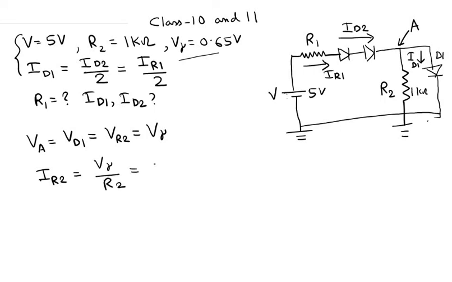V gamma is 0.65 volts and R2 is 1 kilo ohm, so dividing by 1 kilo ohm gives 0.65 milliamps. We have found the value of IR2, and IR2 is equal to this current ID1, which is asked for.